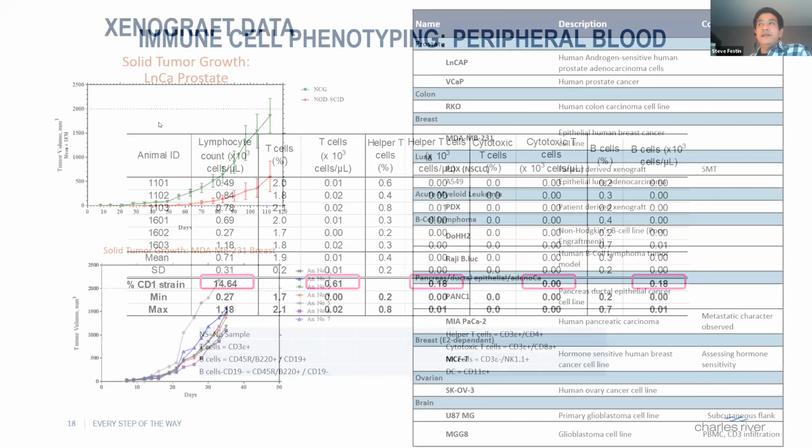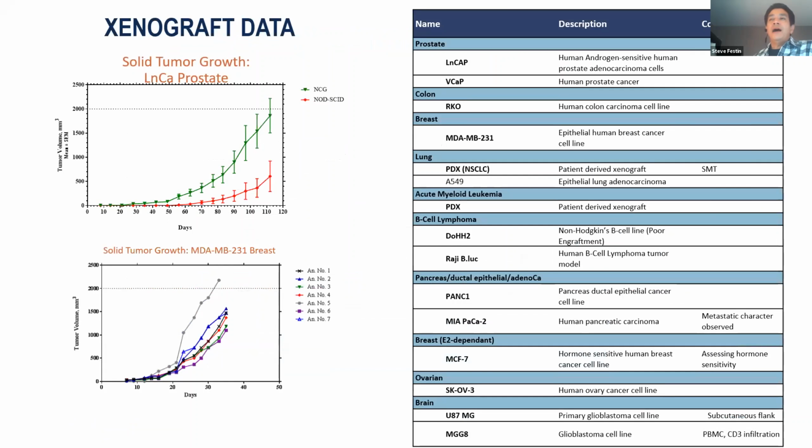And since the introduction of the model, both through our clients as well as studies that we've done internally, this is a very short list. Our list is much longer now, of a wide variety of tumor types that have been transferred to the NCG. And in fact, the NCG is very permissive.